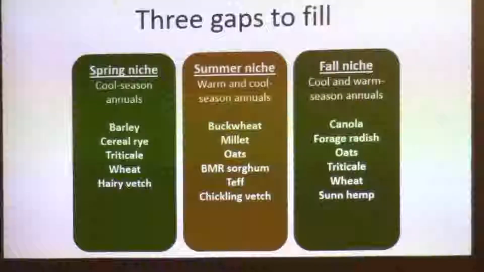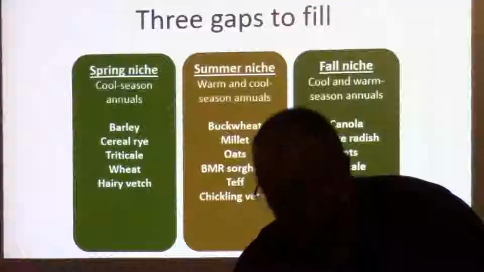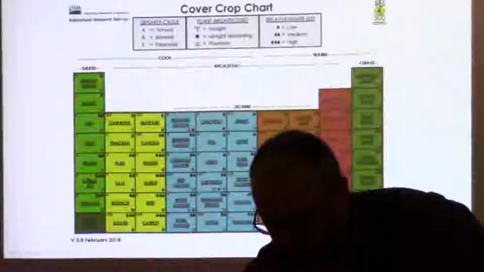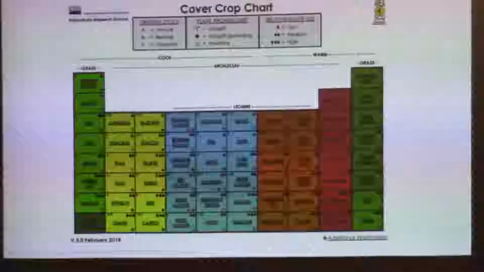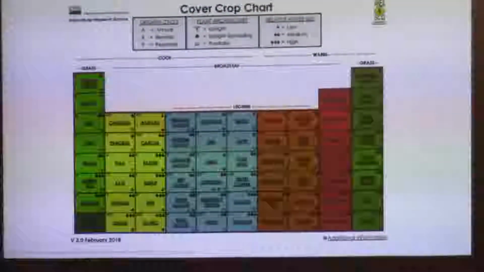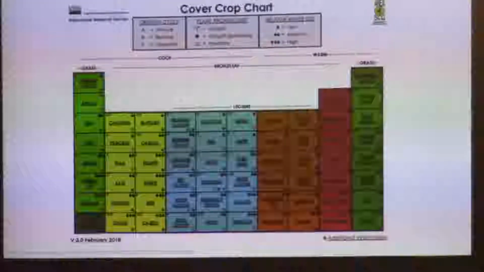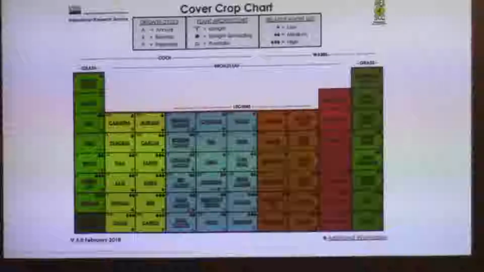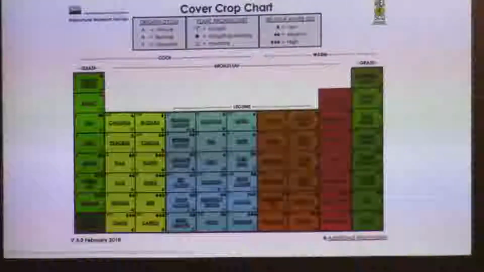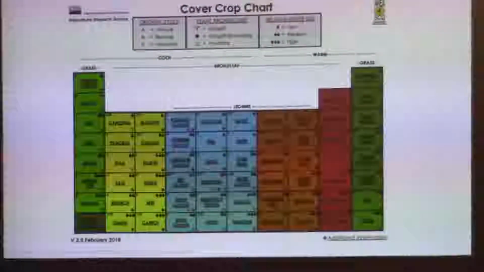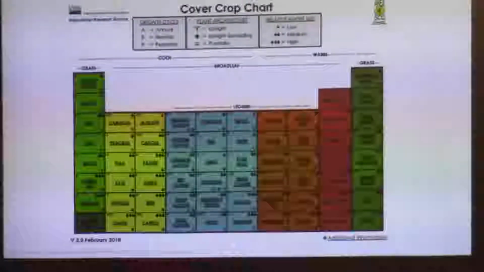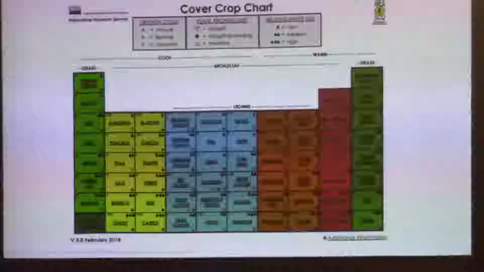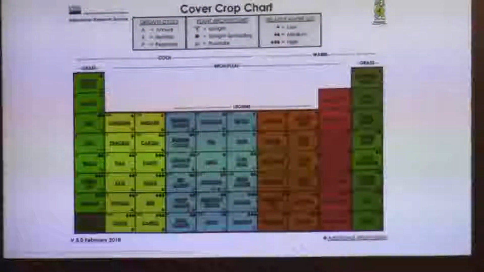And we picked these species from a large suite of options. And I just wanted to show you this, and maybe you've seen it. It's called the cover crop chart, and it was developed by the USDA. That is kind of a really convenient way of characterizing different cover crops in this case, but these could all be considered annual forage crops just as easily.